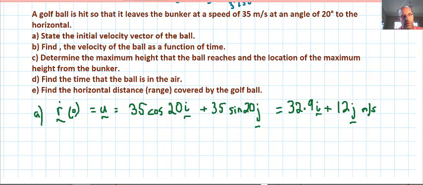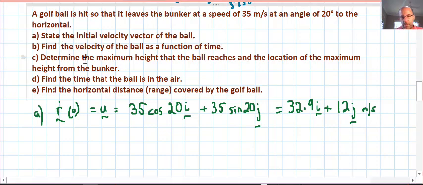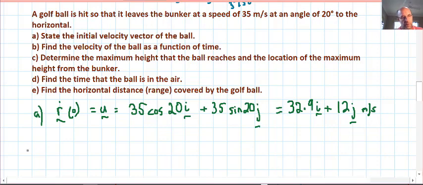Part B, find the velocity of the ball as a function of time. So v of t or r dot. Part B is very much like the previous example in this video.